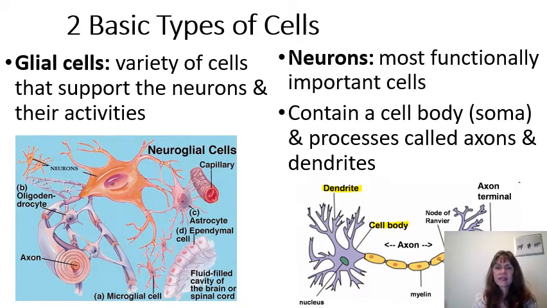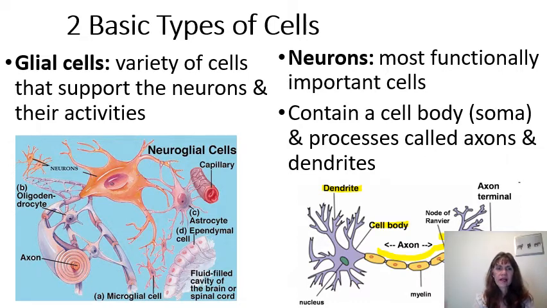Both the cell body and the dendrites are designed to receive incoming information. Neurons also have a process that extends away from the cell body called an axon. Sometimes you'll hear the expression axons away, because the axons carry information away from the dendrites and cell body to the axon terminal.